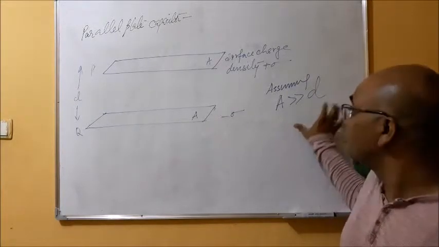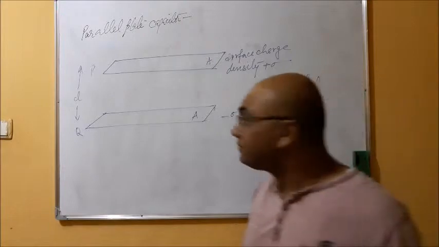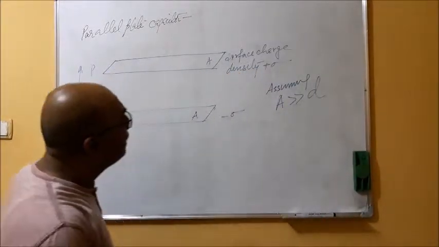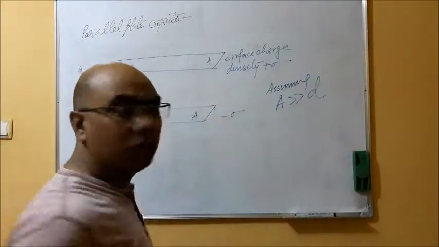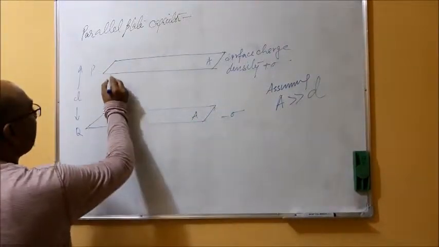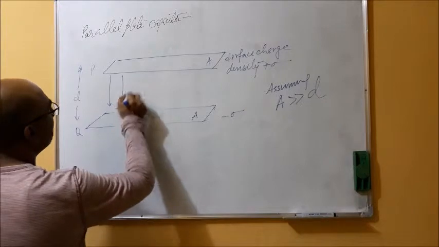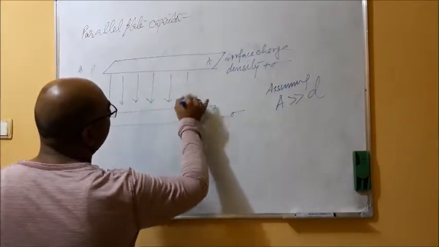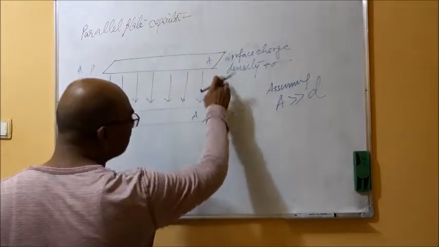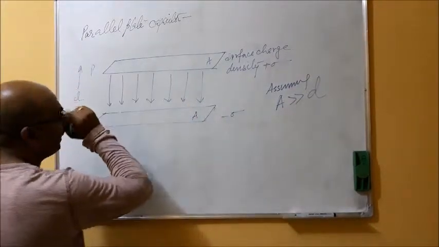So this we are assuming. And if this plate is very big, infinitely long, what will happen? The electric field lines will go like this, because this is plus sigma, this is minus sigma, right?